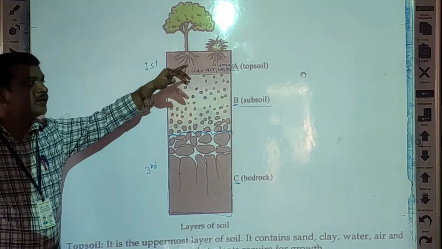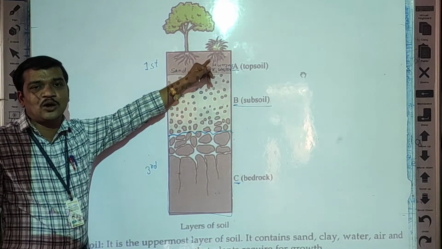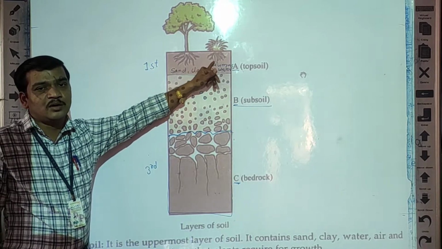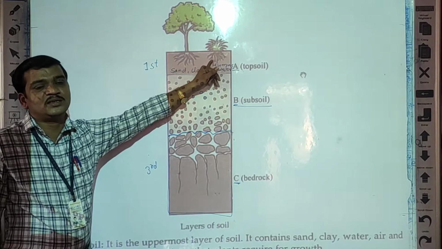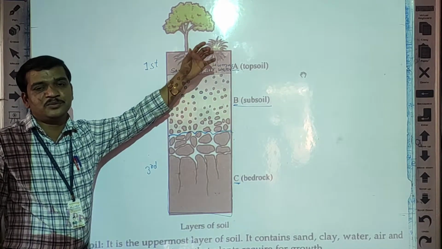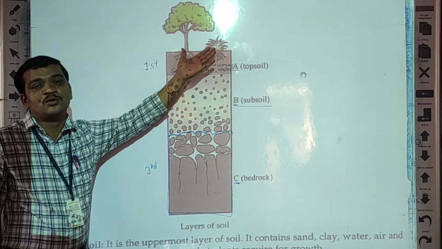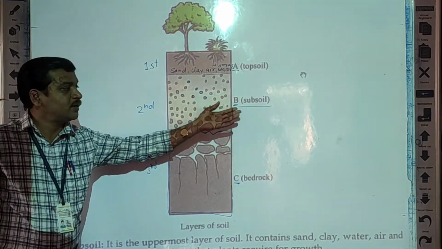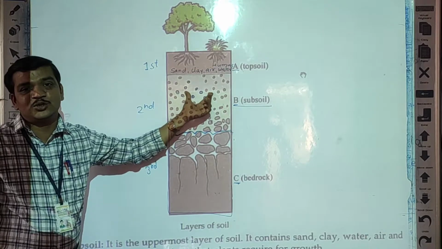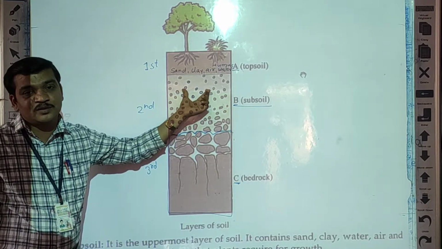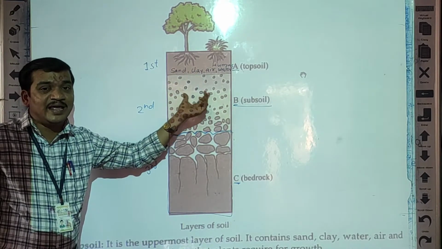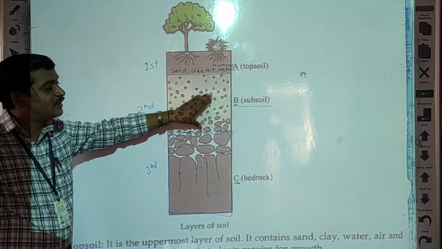Now next point, topsoil consists of sand, clay particles, air, water and humus, which is very good for the growth of plants. Subsoil consists of sandy particles and clay particles, but very little humus is present in this layer.